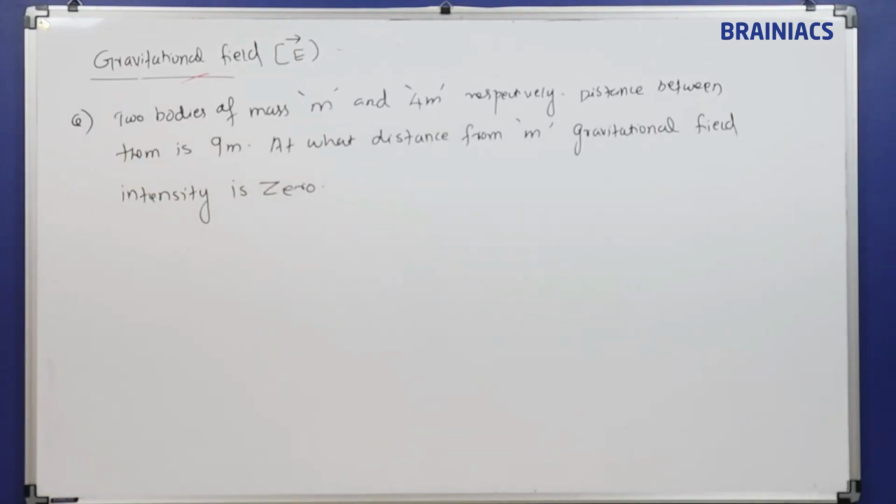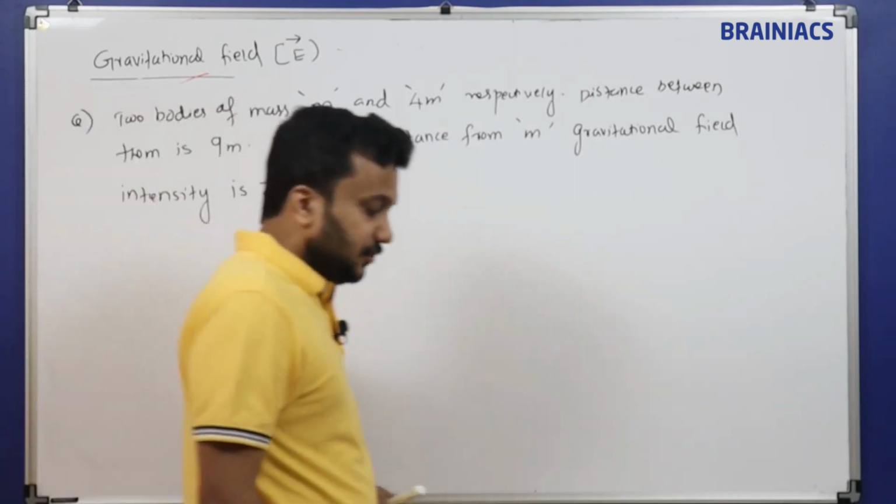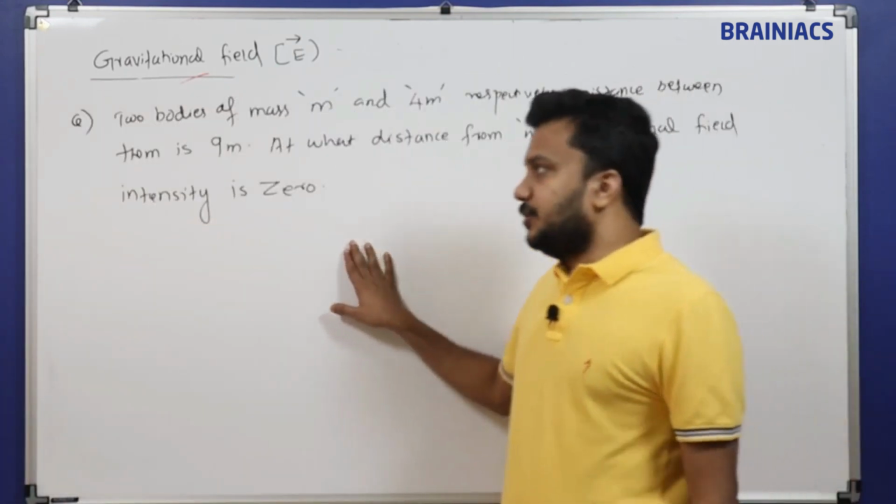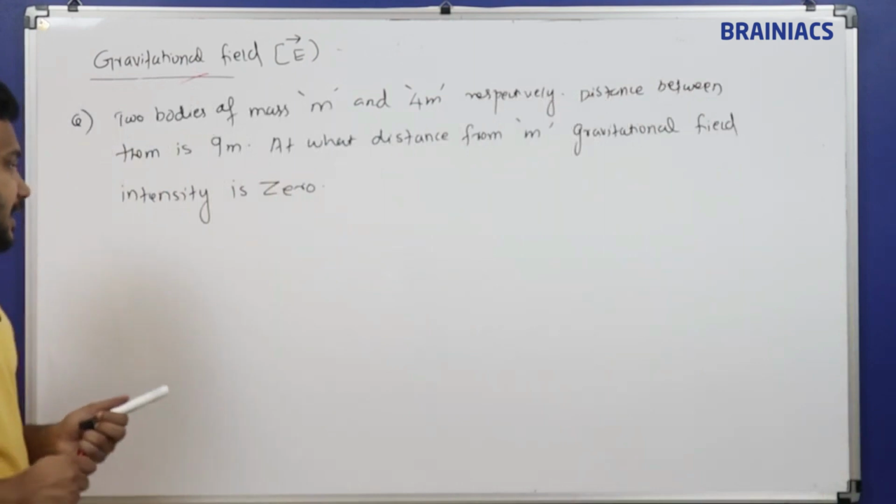Two masses will be given, m1 and m2, which are called m and 4m. Distance between them is 9 meter. At what distance from m is the gravitational field intensity 0? This is the question we are going to solve now, and let's have a look.